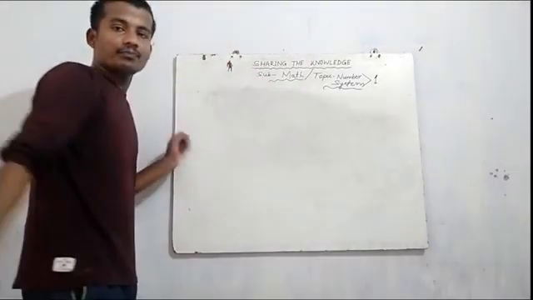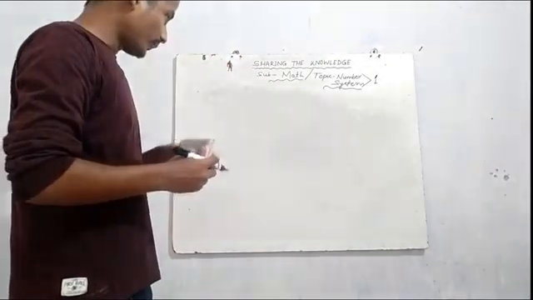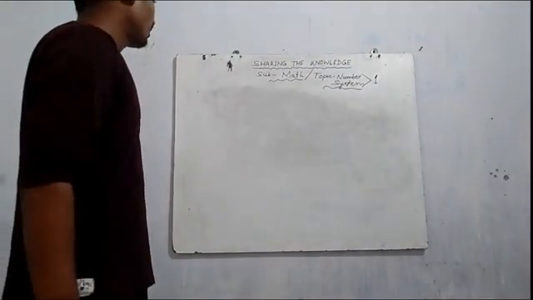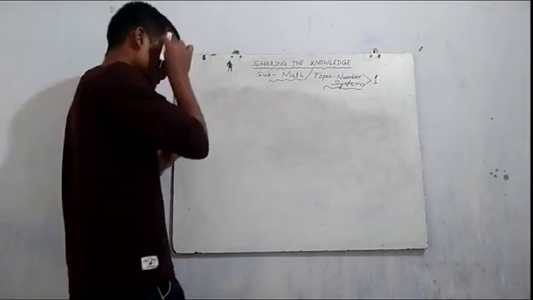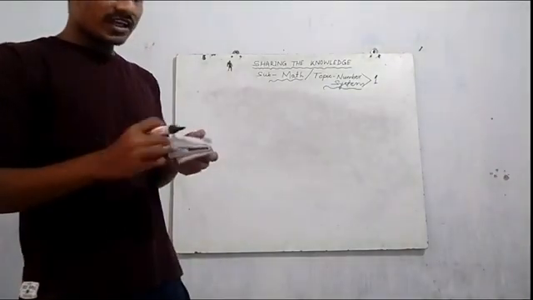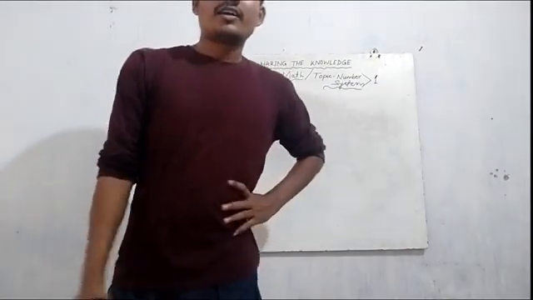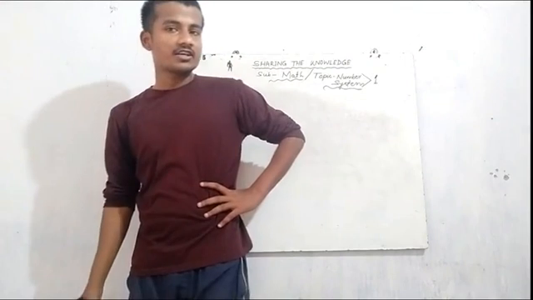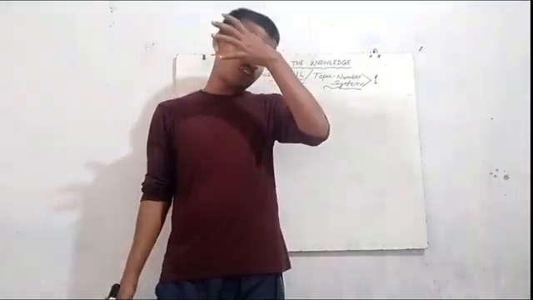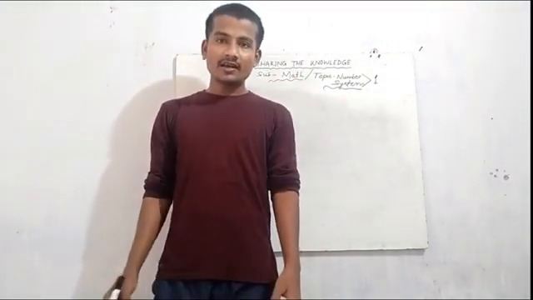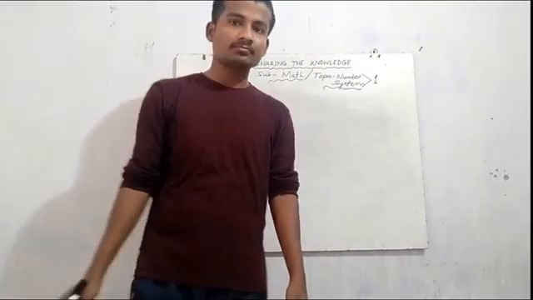Okay, next comes natural number. The numbers are categorized into 4 types: natural number, whole number, integer and rational number.